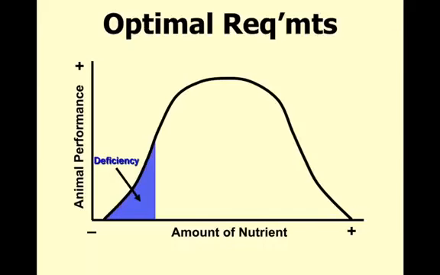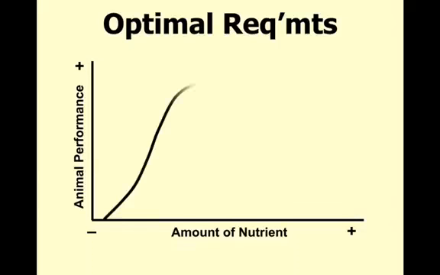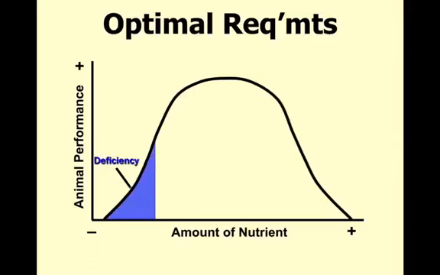So if we take a look at the lower and upper ends of the spectrum, if we look at the lower end of the spectrum where we have a small amount of nutrient that is negatively impacting animal performance.